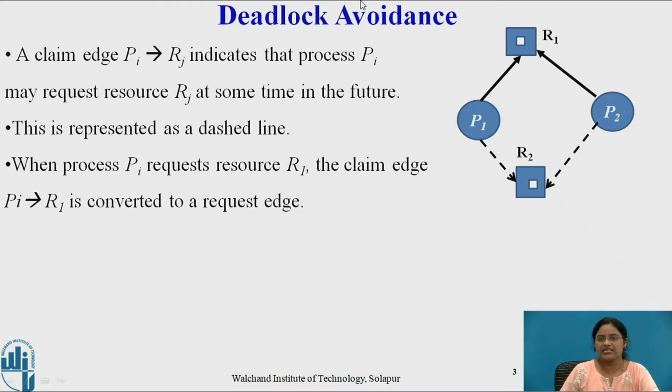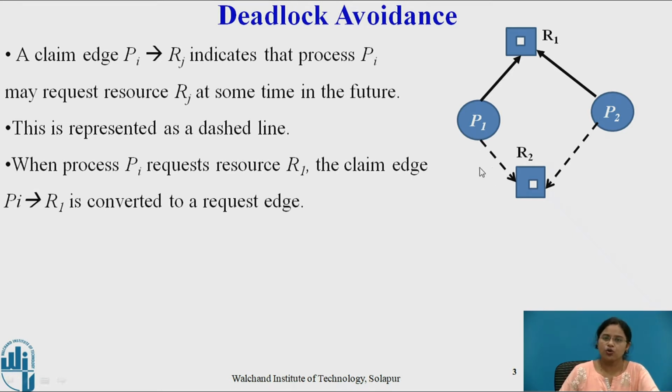So, this P1 to R2 is right now a claim edge. Right now the process has not requested yet, but whenever the process makes a request for this resource, this claim edge is converted into a request edge. And then when it is assigned to that process, the request edge is converted into an assignment edge.